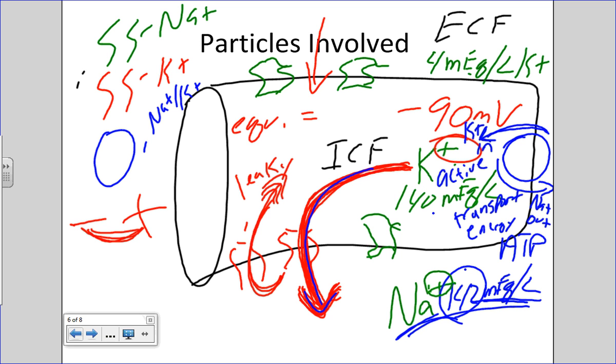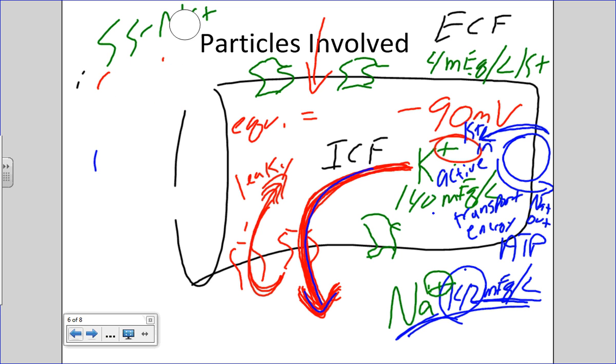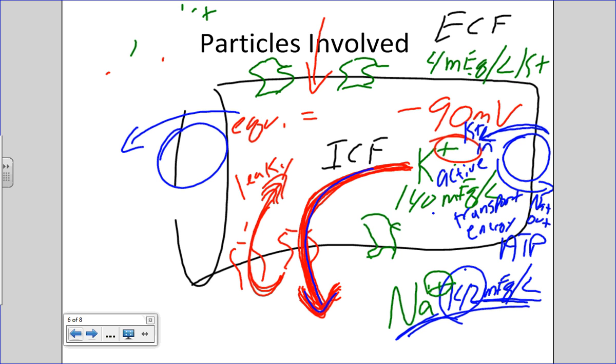Now, how are these sodium potassium pumps going to work? They pump 3 sodium ions out for 2 potassium ions in.